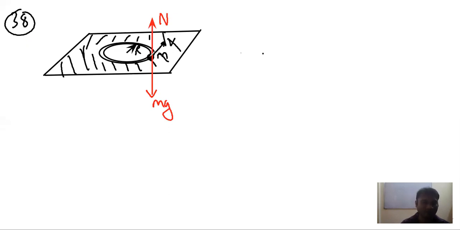Then we have the normal reaction, which will be towards center. So in this case, another force is the normal reaction of the groove on the ball. Suppose this is N1 and this is N2. Normal reaction N2 is the centripetal force because it is towards the center. So it is mv square by r.